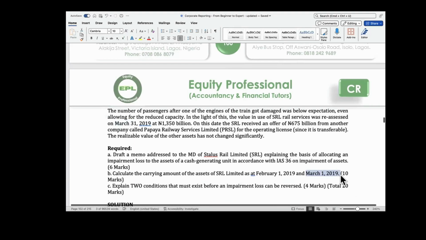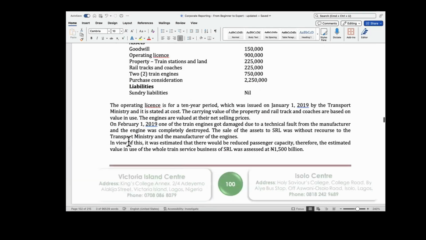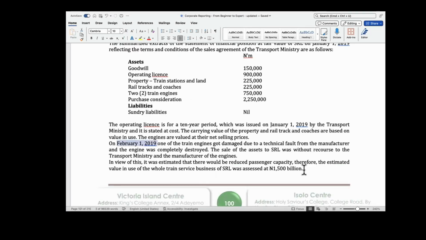Very straightforward question. On the first occasion, which is February, the value of the asset is now 1.5 as against 2.2 it was. So this, of course, is the carrying amount. This is the recoverable amount. There's a difference of 750. That 750 is impairment loss. We know that impairment loss will go to P&L.